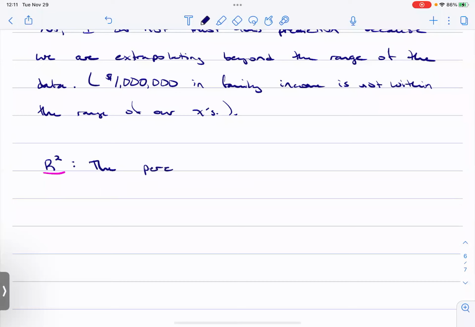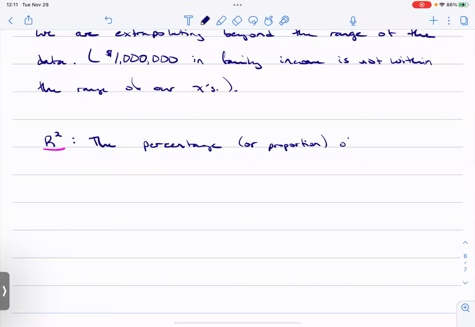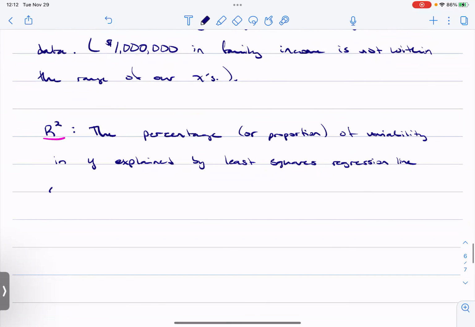The percentage or proportion, depending on what you prefer, of variability in Y explained by the least squares regression line on X. Of course, you'd replace the X's and the Y's with the question specific variables.